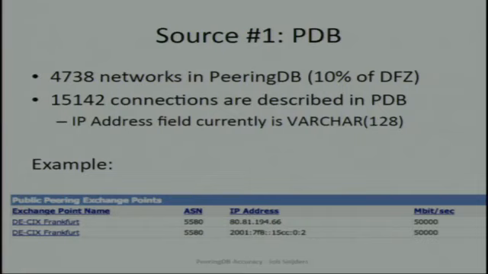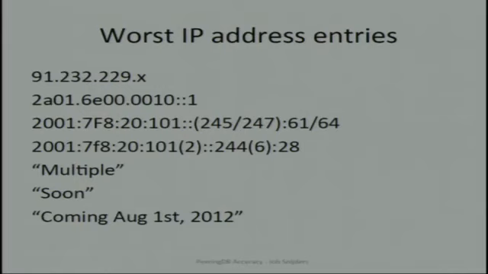The IP address field in the current PeeringDB implementation is a varchar 128. It has to be unique, but you can, in essence, put anything you want there. And I've noticed that quite some people use this freedom to describe unparsable garbage.